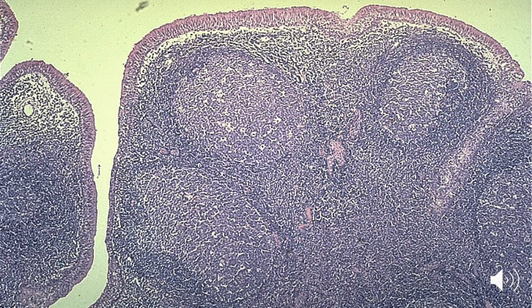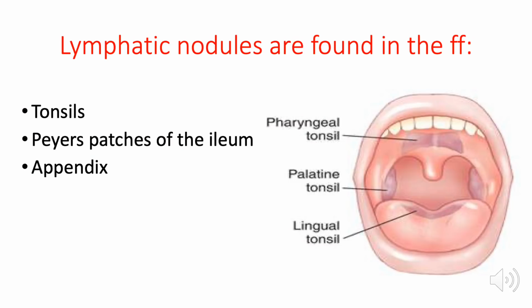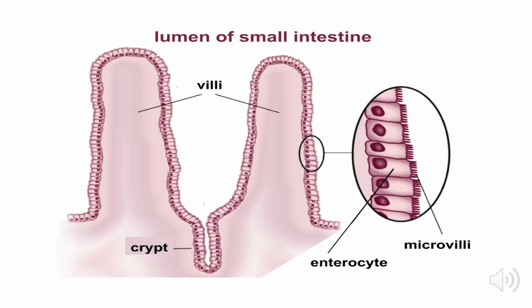This is the cut section of the pharyngeal tonsil. Please appreciate that you have there lymphatic nodules, particularly secondary type. Lymphatic nodules can also be found in the Peyer's patches of the ileum. Let me first help you how to identify ileum under the microscope. Ileum is one of the segments of the small intestine.